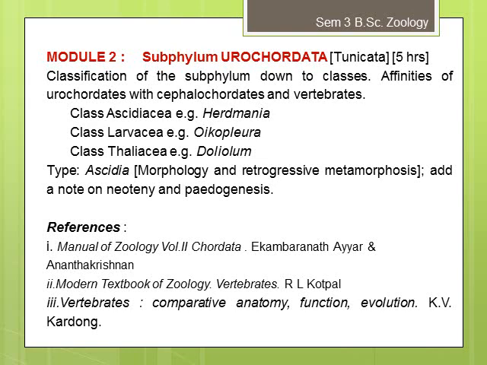So I have included the first part in this presentation, that is the important features of subphylum Urochordata, the classification to the classes, the characteristic features of each class, and one or two examples each. But the detailing of each example plus the type study will be done in the coming presentations.